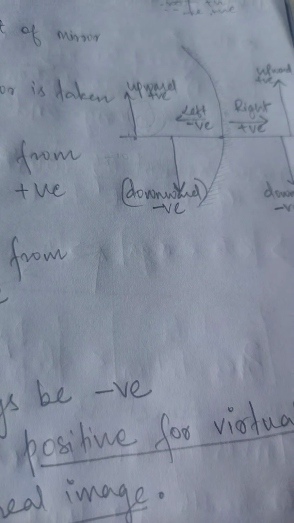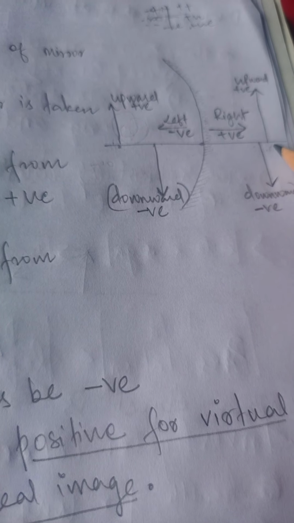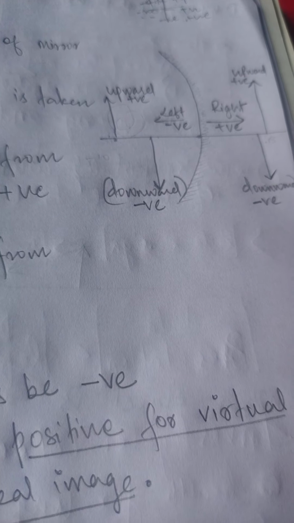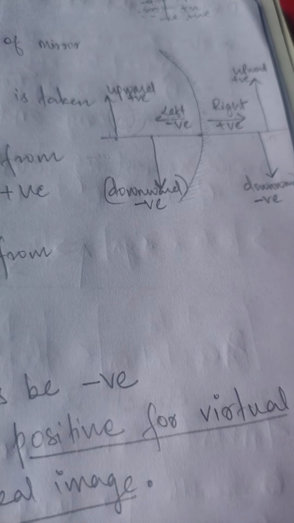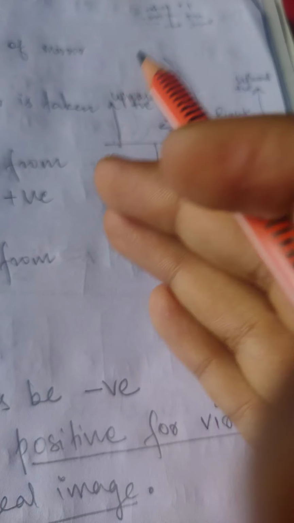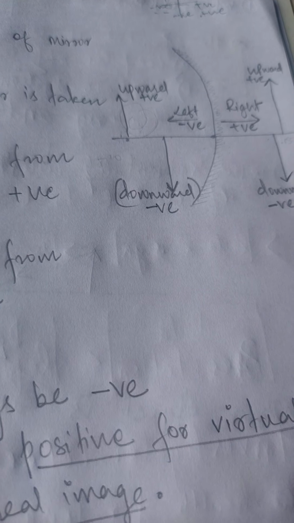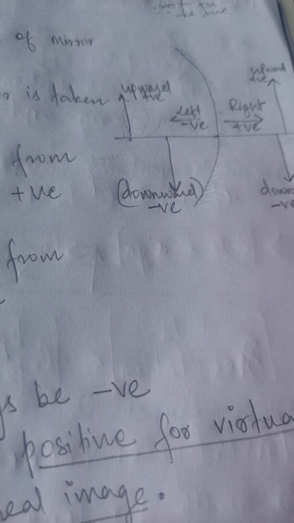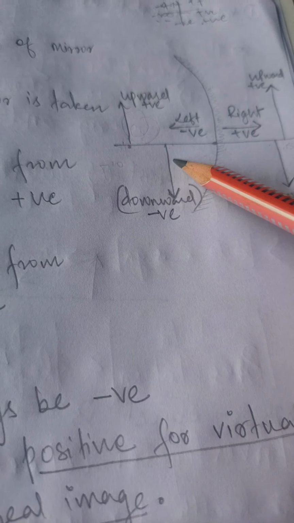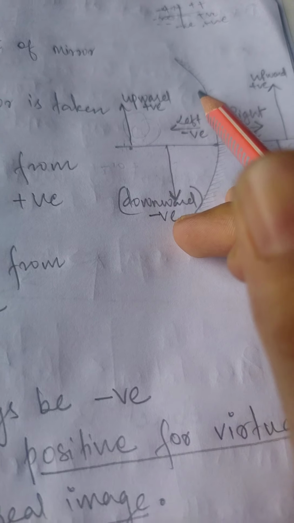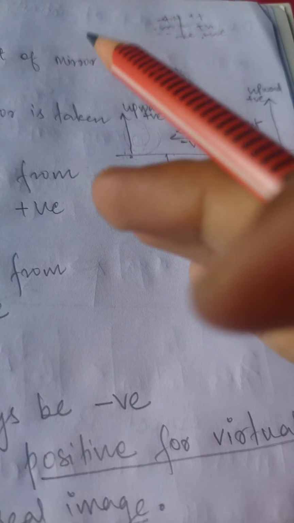If the image is on this side, at 15 centimeter distance, and I ask you the image distance, you will say just 15 centimeter. But in case of a real image, it forms on the very side where the object is. We studied in the ray diagram that a real image forms on the same side, the left side only, anywhere.